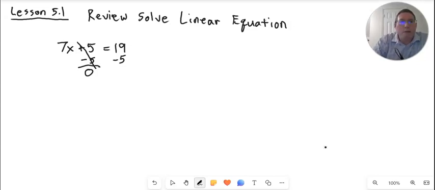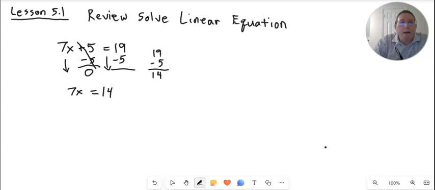When we cancel something, then we carry down the part that we didn't change. So we carry down the 7x, we carry down the equal sign, and now we're going to do 19 minus 5. What is 19 minus 5? Well, 9 minus 5 is 4, and 1 minus 0 is 1, so that's 14. So 7x equals 14.